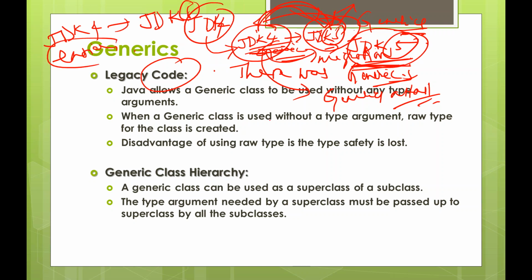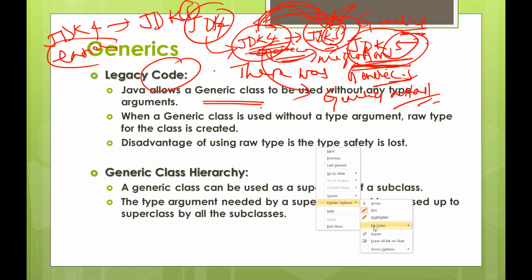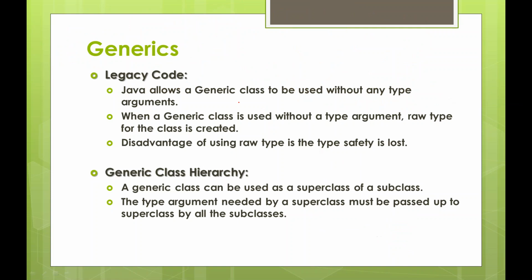How did they take care of that? If you have a generic class, you can get away without passing a type parameter to that class.